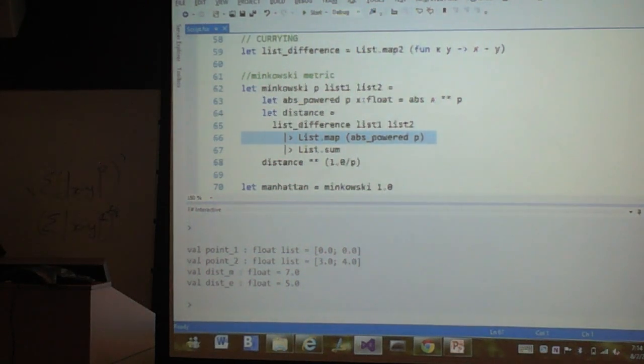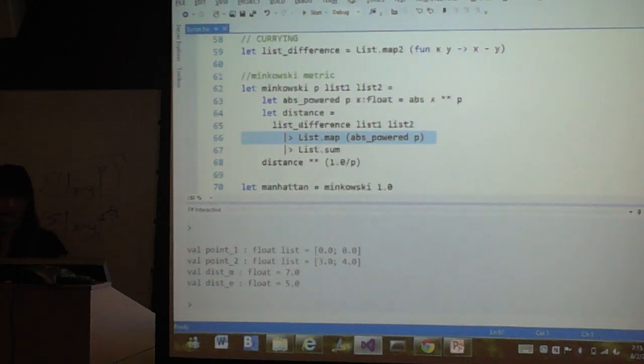What's list map do? List map takes every element in the list and acts on it in some way. And so the very first thing that I had was it list mapped to x plus 3, so it just added 3 to every single element in the list. Whereas this one takes the absolute value to the power of p.